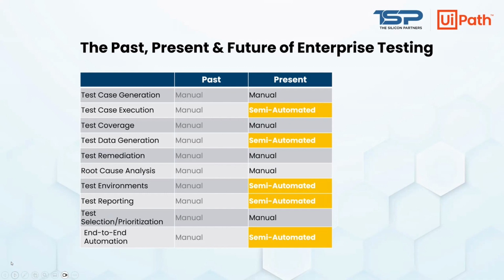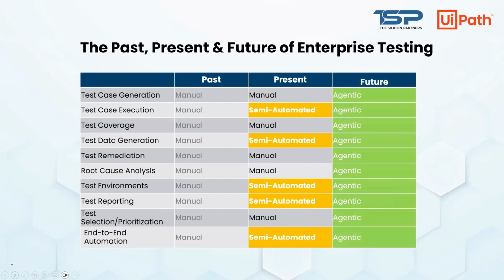But as we look ahead to what is right before us, as we look into the future and start to see how agentic capabilities and AI can really impact testing, we see significant impact to all of these areas when it comes to how agentic can change our lives.